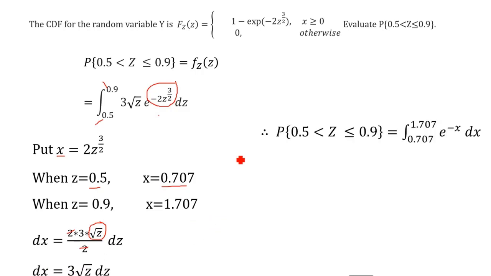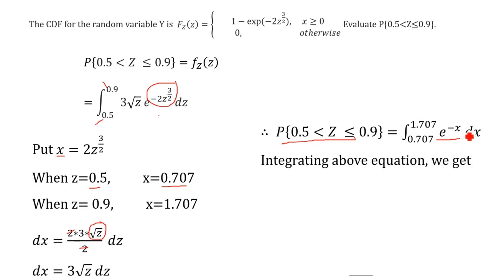After the proper substitution, this probability between the range 0.5 to 0.9 can be written with the limits changed to 0.707 to 1.707, of e to the power minus x. Now what is the integration of e to the power minus x? It is minus e to the power minus x.